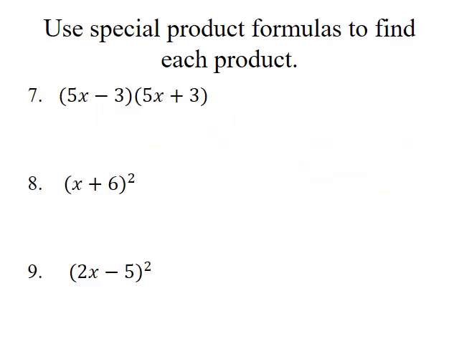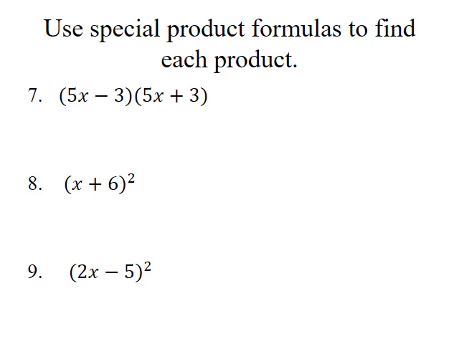So let's do some examples. It says use the special product formulas to find each product. Now the one I am going to use is that difference of squares because it does help a lot going forward. So number 7 is an example of that. You have 5x minus 3 times 5x plus 3.